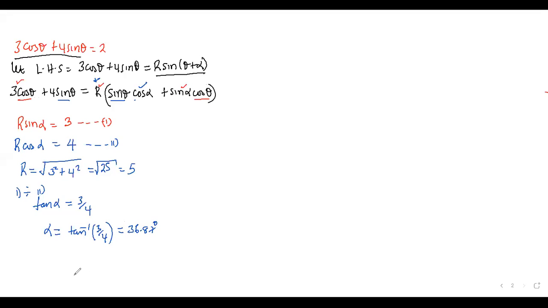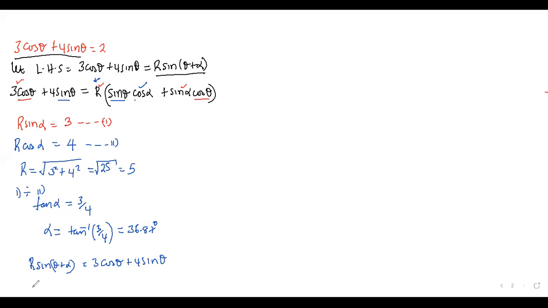Now, because we've got R and we have got alpha, come back to this statement up here and resubstitute the values you have attained. We have seen that R sine theta plus alpha is actually 3 cos of theta plus 4 sine of theta.